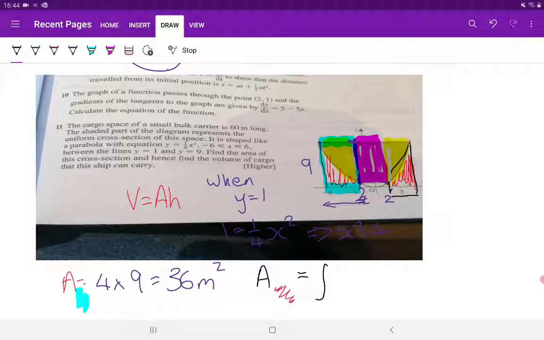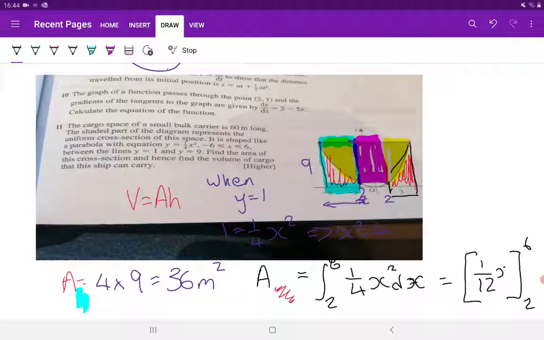So we are integrating between 2 and 6. We're integrating a quarter x squared with respect to x. When we do that, we get a 12th of x cubed when we integrate.